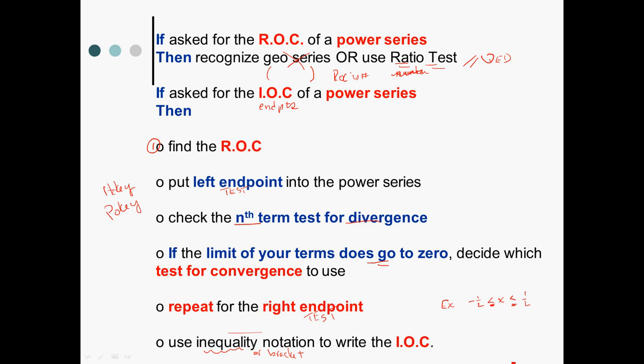Maybe both endpoints create convergent series, so both of them are included. Maybe the left endpoint created a divergent numeric series, but the right endpoint created a converging one. So all of those are examples of intervals of convergence where you've tested the endpoints.